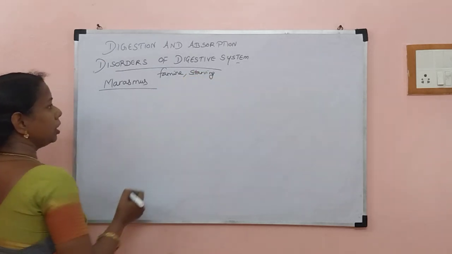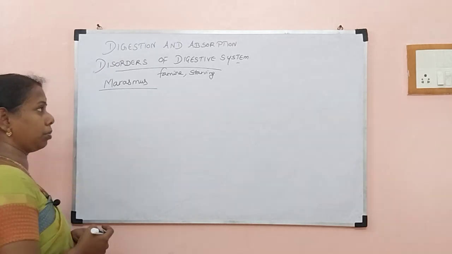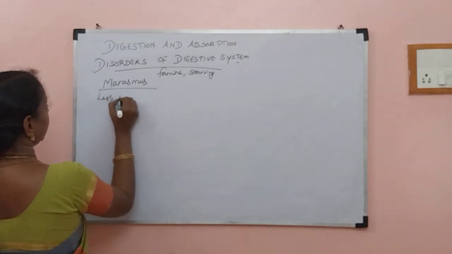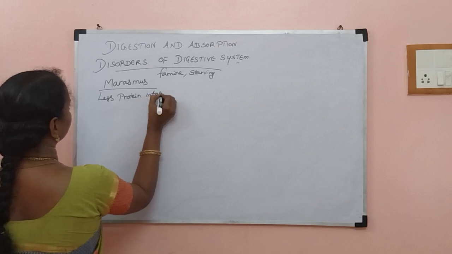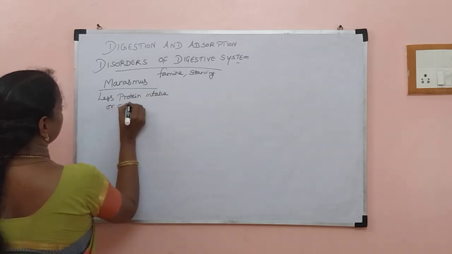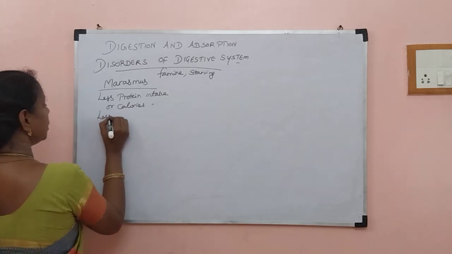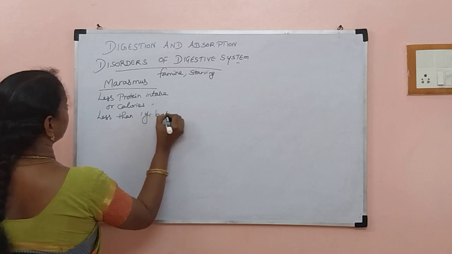Insufficient intake of protein and calories may lead to marasmus. So less protein intake or calorie intake. This will affect babies less than 1 year old.